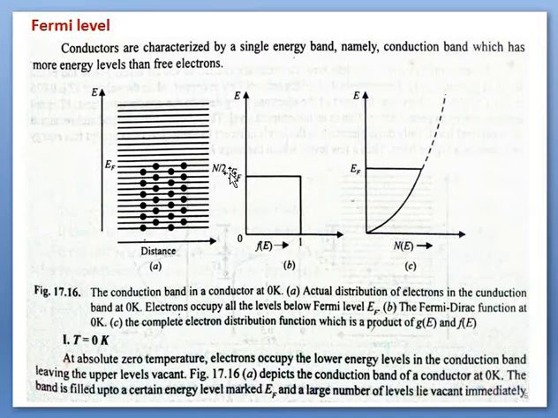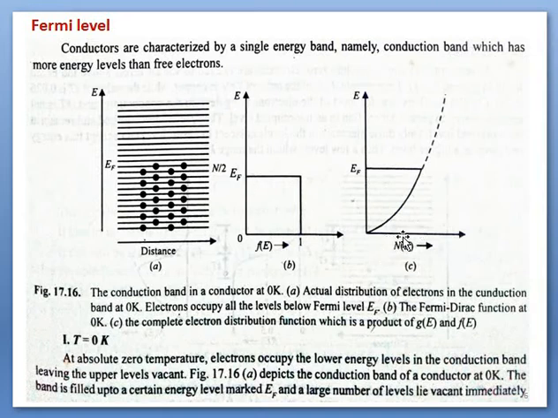Fe reduces to 0. It shows the variation of distribution function with energy. So it is 1 means completely filled. Energy states are completely filled by electrons. Because of this the distribution function is approximately 1, and as soon as it reaches Ef, it becomes 0.